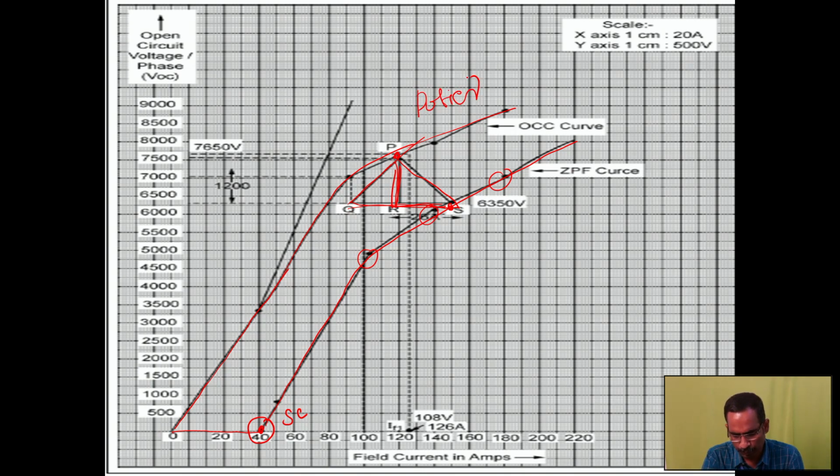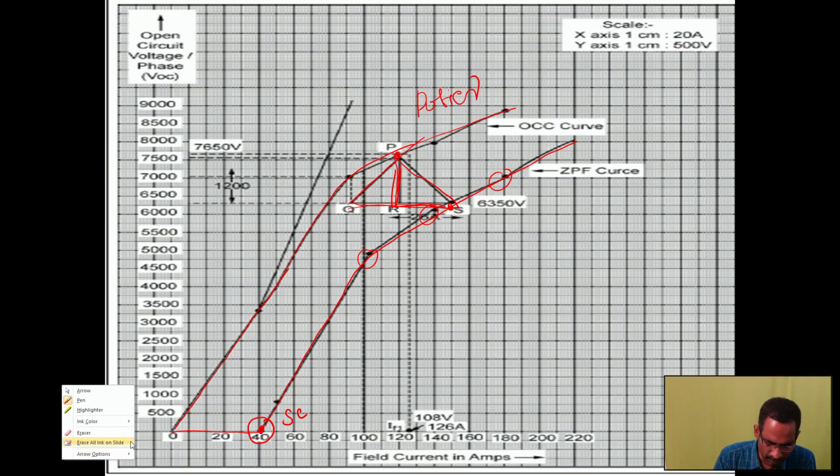Okay. So from this Potier triangle, wait a minute, I will erase the unwanted portions.